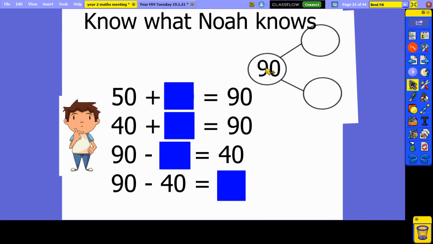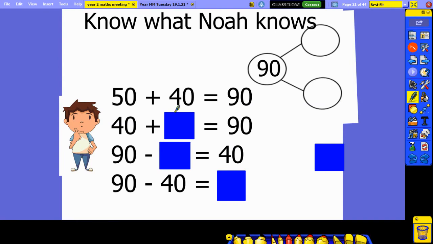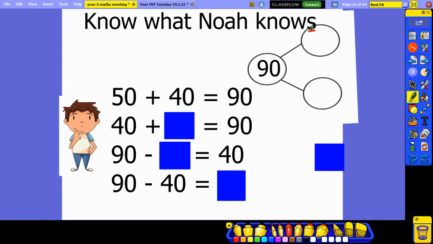Okay, my whole was 90. My first equation says 50 plus something equals 90. If I know 5 plus 4 equals 9, then I know 50 plus 40 equals 90. 90 is my whole. My parts are 50 and 40.